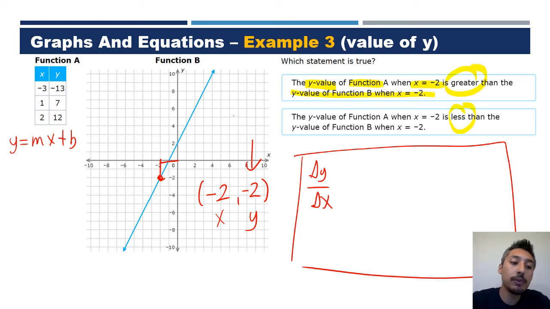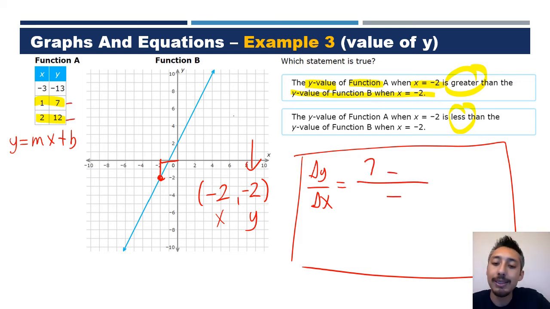Let's choose 2 points from our table. I'm going to choose the positive ones if I can, just because it's going to make our problem a little easier to work with. In our numerator, we're going to take our y's, so 7 and 12. 7 minus 12, and in the denominator, it's going to be 1 minus 2.